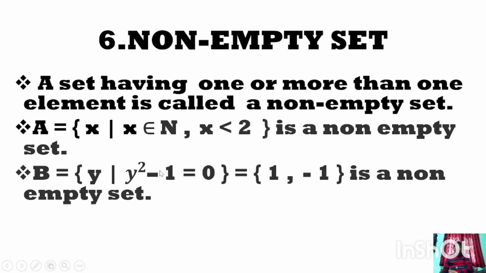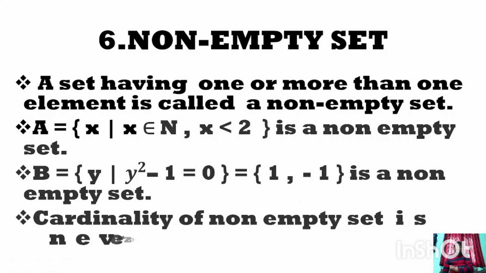If you solve Y square minus 1 is equal to 0 and convert the set from set builder method to roster method, the elements will be 1 and minus 1, so it is a non-empty set. The cardinality of a non-empty set is never 0 because it contains at least one element.